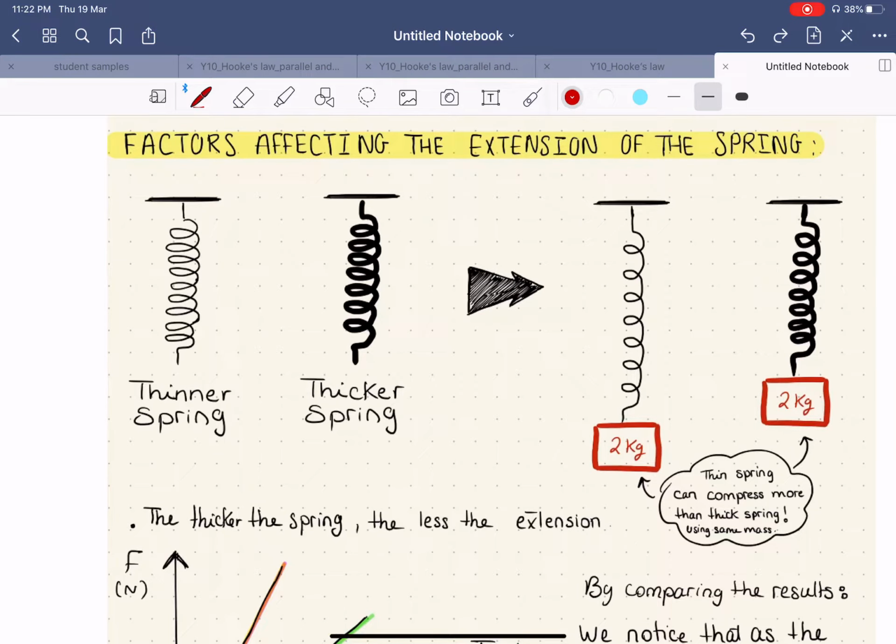Also, we said that the material and the thickness, both of them are factors that affect the extensibility of a spring. So the thicker the spring, the less it will extend. The thinner the spring, the more it can extend, as you can see here in this diagram.